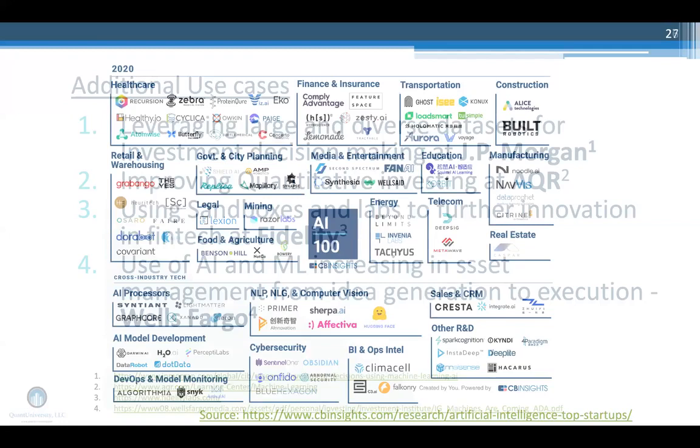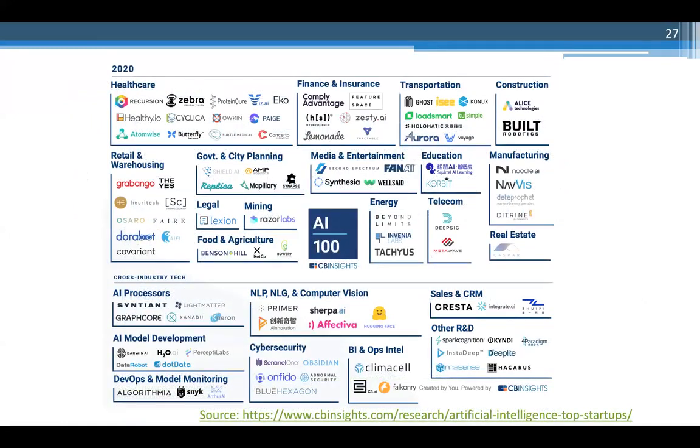If you look at the startup ecosystem, I live in Boston, so we have some of the best universities here, like MIT and Harvard. If you go to the financial district, you don't see just the traditional financial players. You do see a lot of startups working on various interesting ideas.